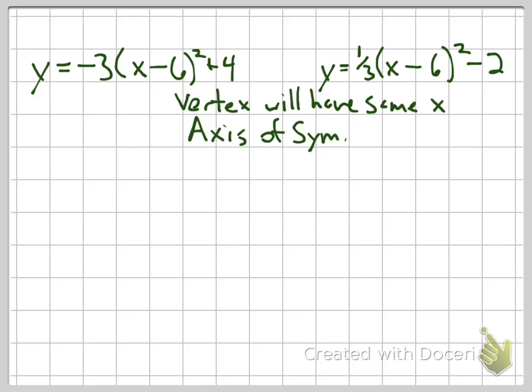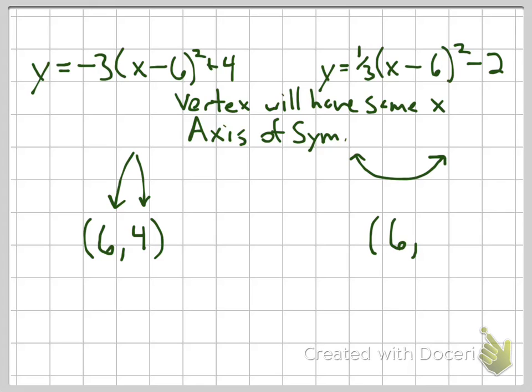Okay, what's different is the one on the left looks like it's going to open down, and it's going to be a 3, so it's actually going to be down and skinnier. Whereas the one on the right is a 1/3, it's going to be up and wider. The one on the left has a vertex at 6, 4, where the one on the right is going to have a vertex at 6, -2.